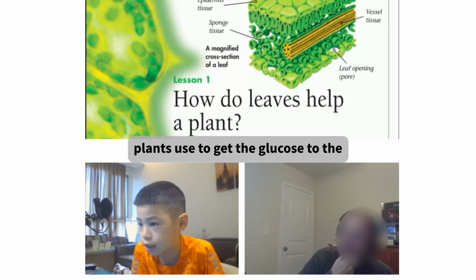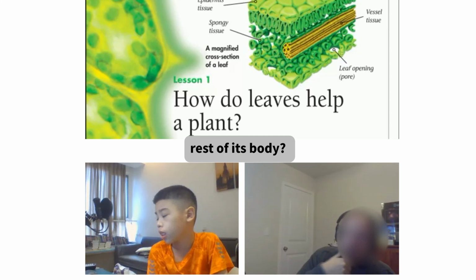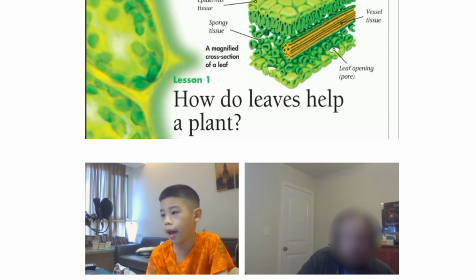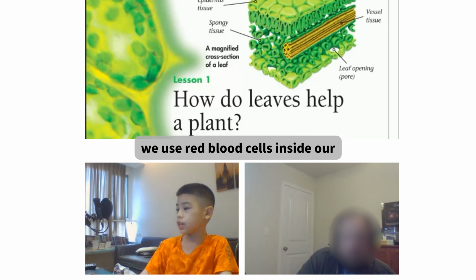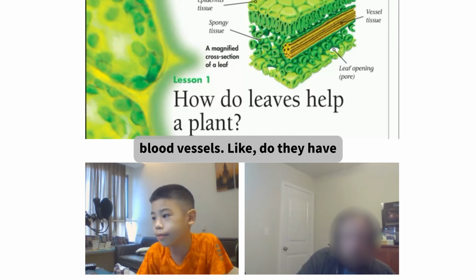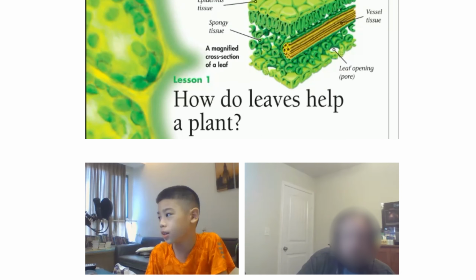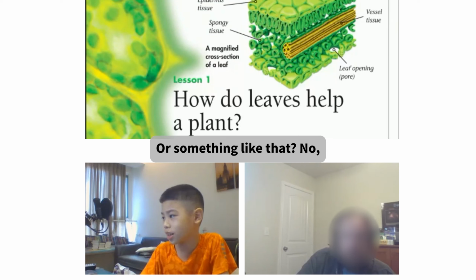What do the plants use to get the glucose to the rest of its body? The tubules, the vessel tissues. Yeah, but we use red blood cells inside our blood vessels. Like, do they have something like green blood cells? Green glucose cells? Or something like that?